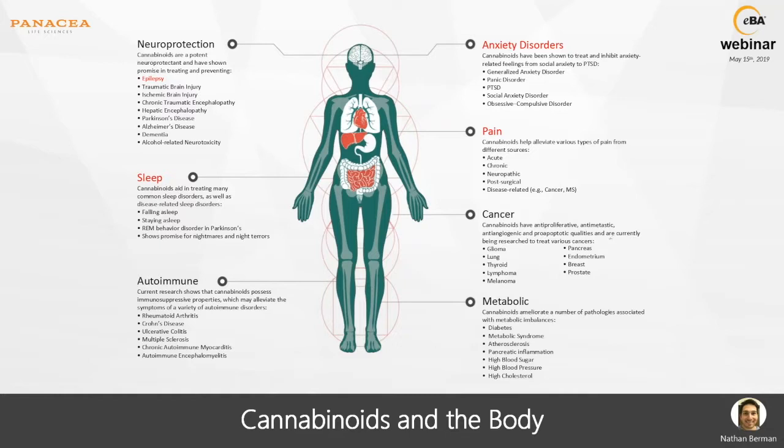And so, throughout the entire process, we're constantly testing material, from when we get into the farm to when we extract it to when we formulate it into our products and so on and so forth.